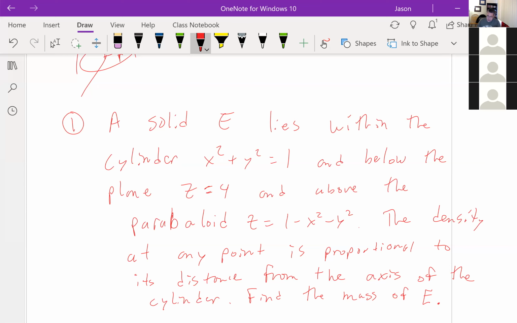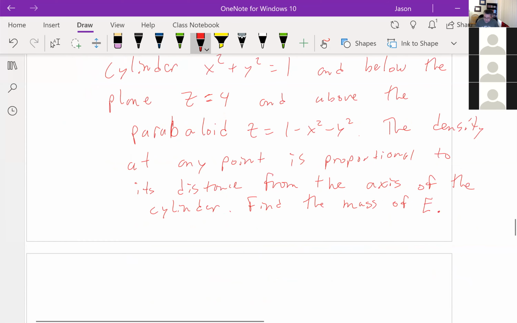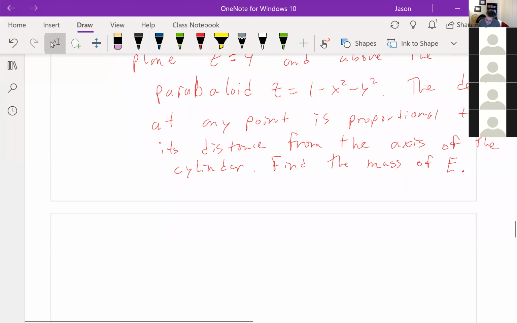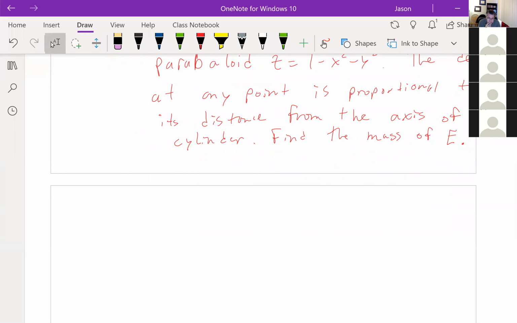Mass of E. Okay, so what does it mean that the density is proportional to the distance to the axis?